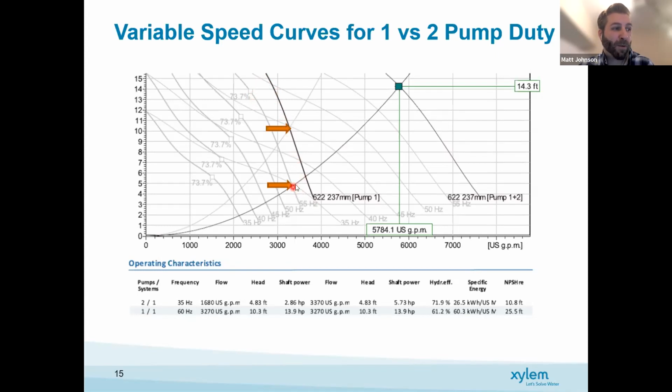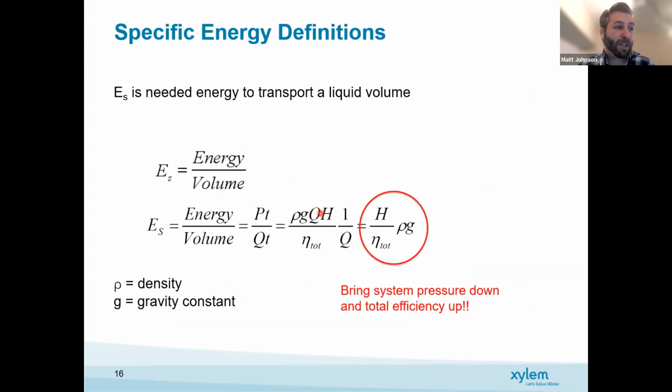When you're operating at 35 hertz here, we trace that over to the single pump 35 hertz curve, we are much closer to that best efficiency point. So we're reducing the head, increasing efficiency, and therefore decreasing the specific energy, operating two pumps at lower speed compared to the single pump by itself.